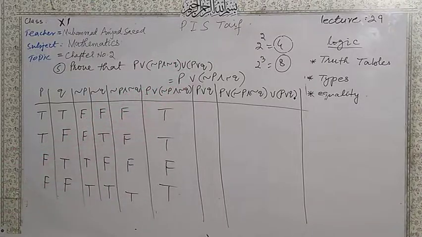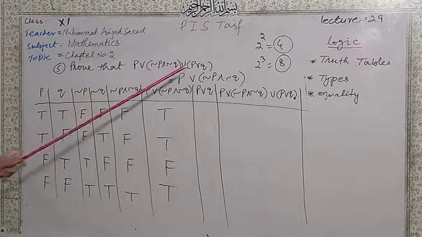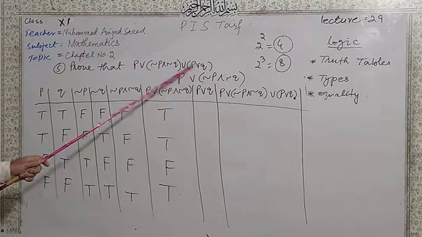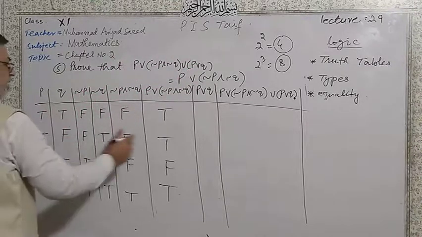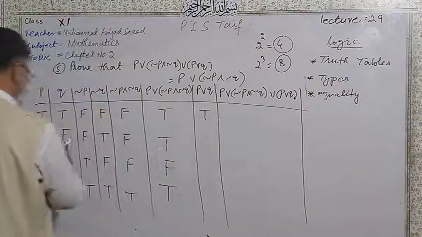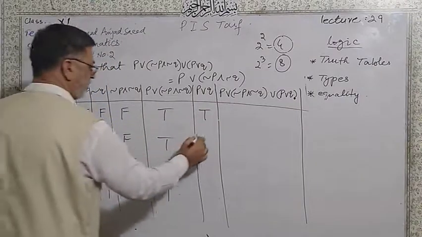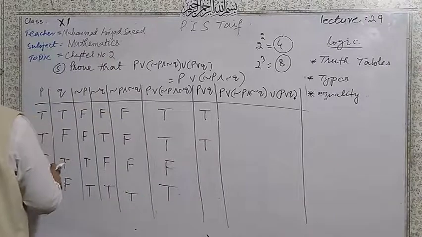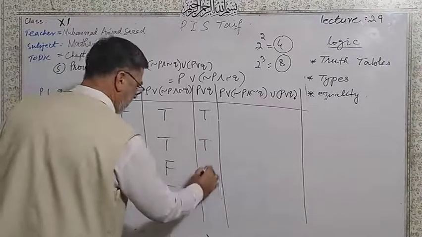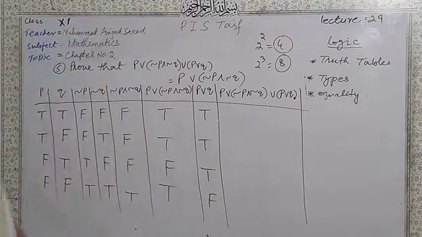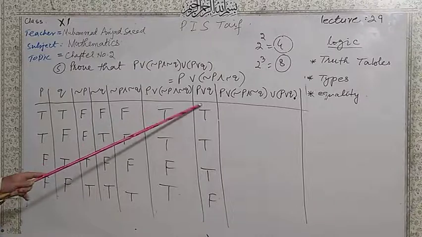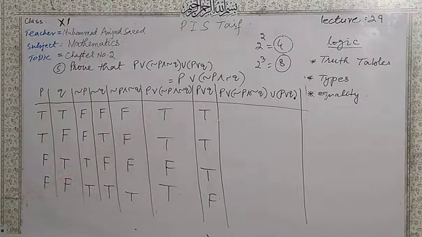After that, P or Q. P or Q means union of this. Here is T, then T, then T, and then F. After that, we take union of these two.